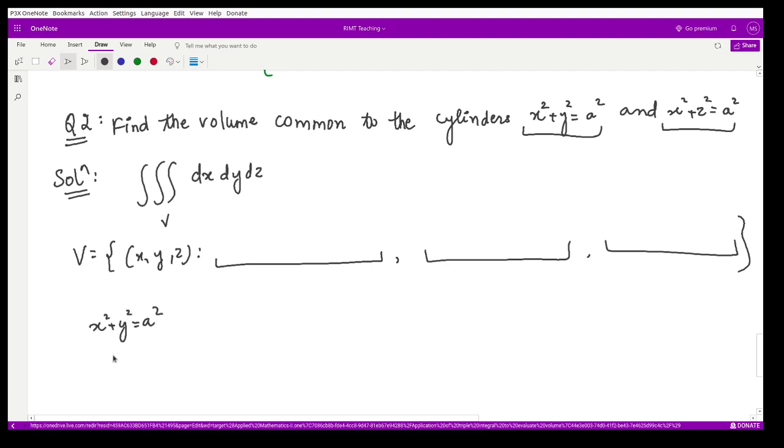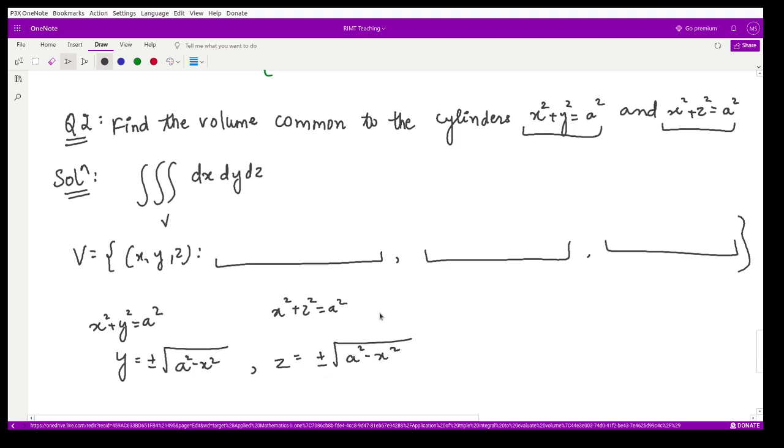We can evaluate the limits of y in terms of x. So it comes out to be y is equal to plus minus square root of a square minus x square, and from the second curve x square plus z square is equal to a square, we can calculate the value of z, that is equal to plus minus square root of a square minus x square.